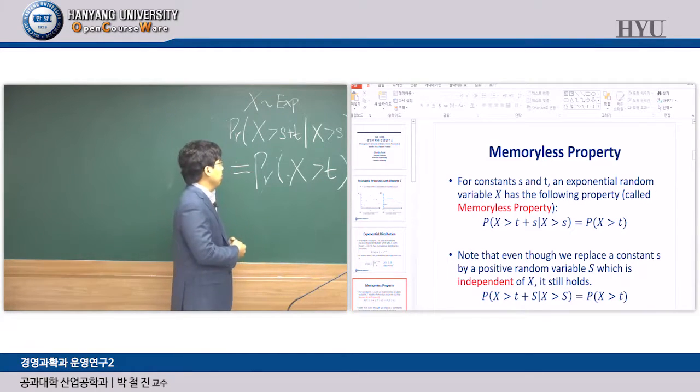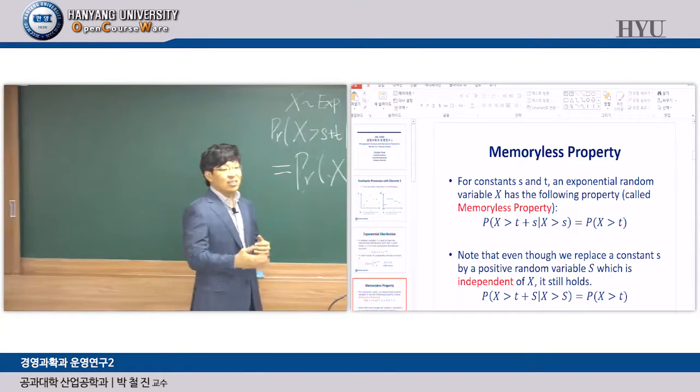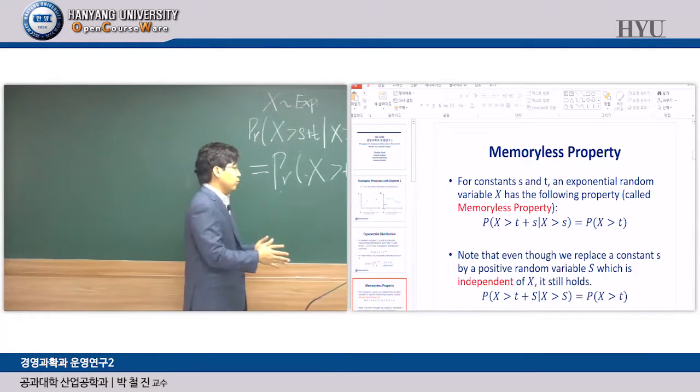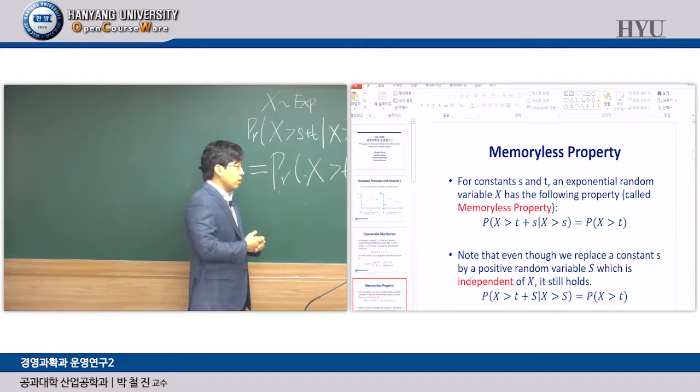And if this bulb has been working during the last 6 months, then given this situation, what is the probability that the bulb will work another 6 more months? This probability is the same as that of a new bulb working for 6 months.